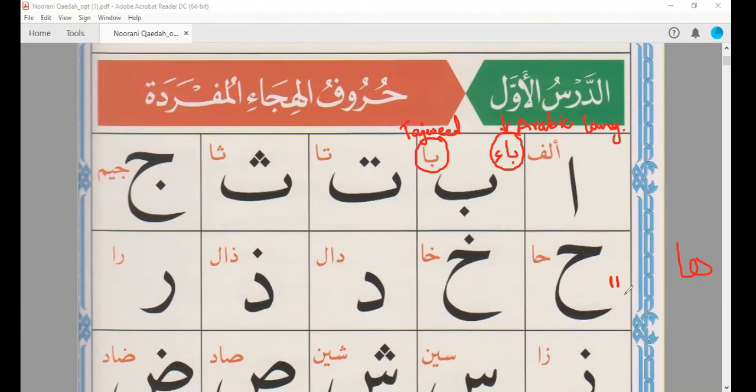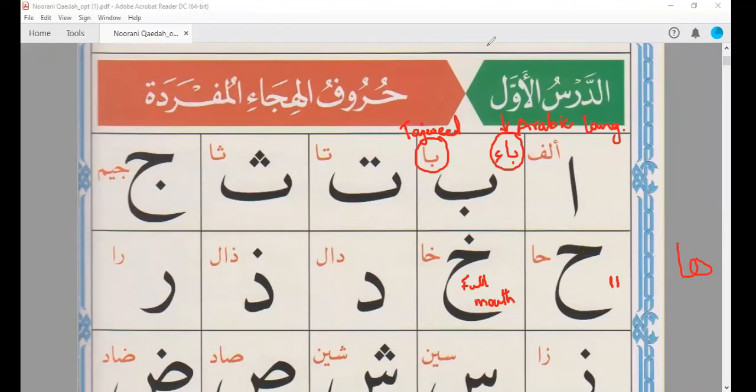Ha, ha. Okay, then you have kha. Now, kha, as you can hear, it does not sound empty mouth. It sounds full mouth. If you observe, it sounds full mouth. What does that mean? I'm not saying ha. I'm saying kha, kha. See the difference?